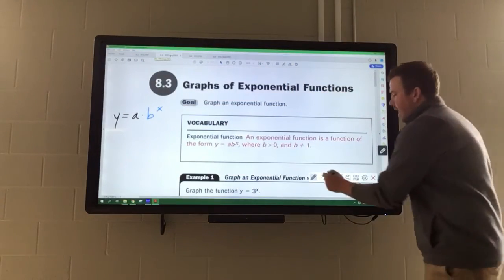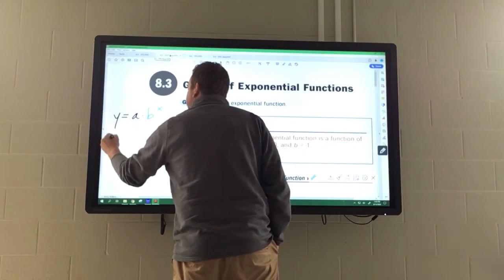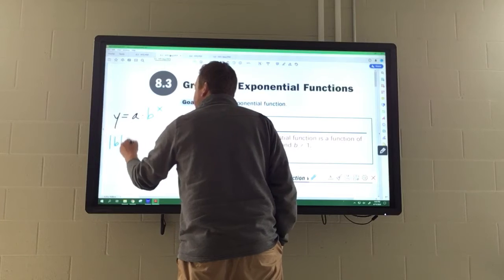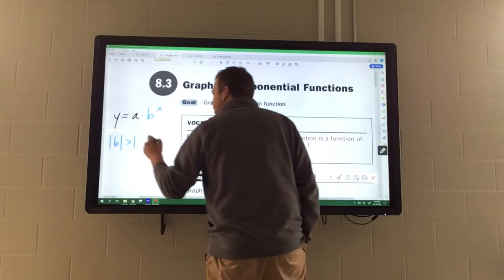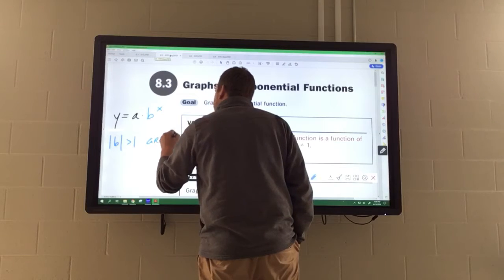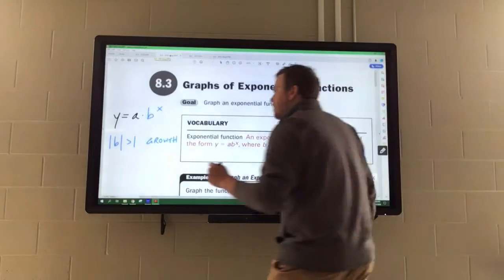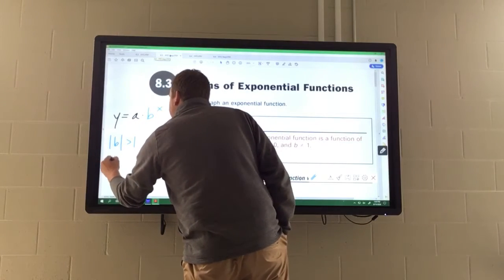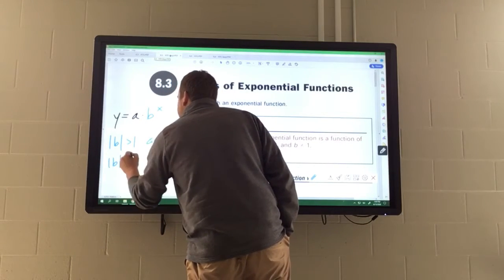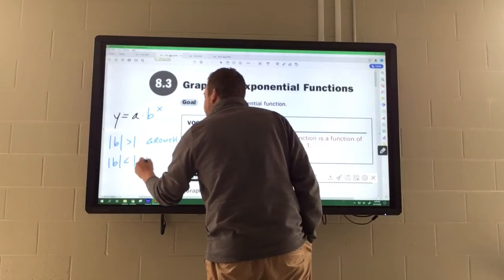Now, if the absolute value of b is greater than 1, we will see exponential growth. If the absolute value of b is less than 1, we will see exponential decay.